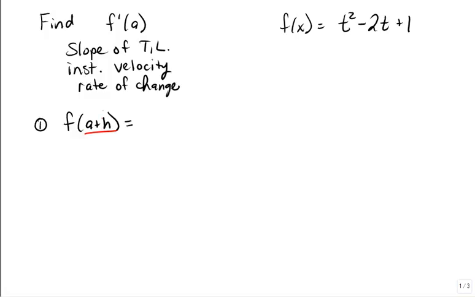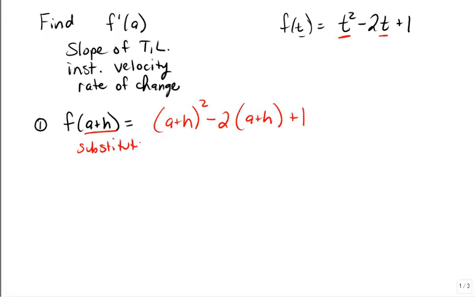Here, these are in terms of t, so everywhere there's a t, you're going to put in an a plus h. So I'm going to put a plus h squared minus 2 times a plus h plus 1. So everywhere there's a t, substitute in a plus h. That's what this means.